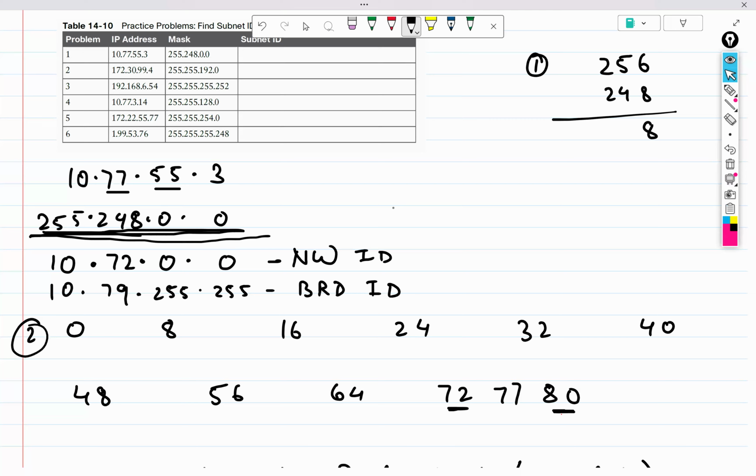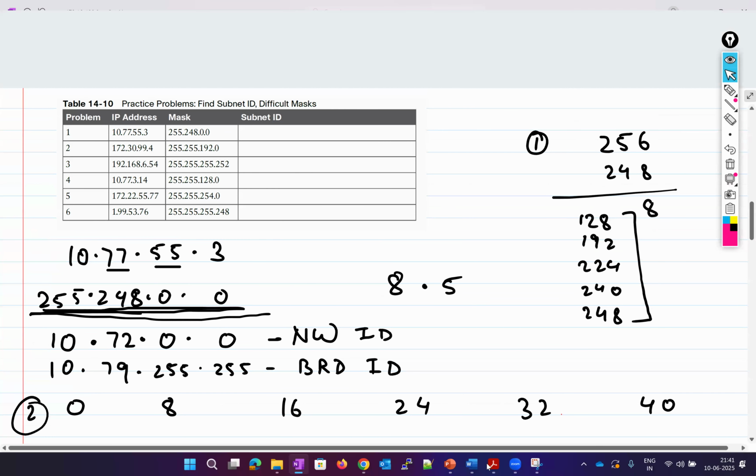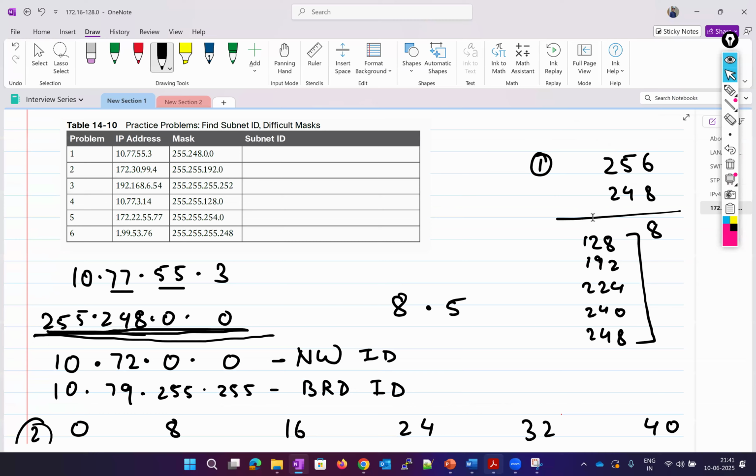So 255 has 8 ones, and 248: 128, 192, 224, 240, 248. So we have a total of 5. And if you're wondering how I am finding that value, let's go back to our table.